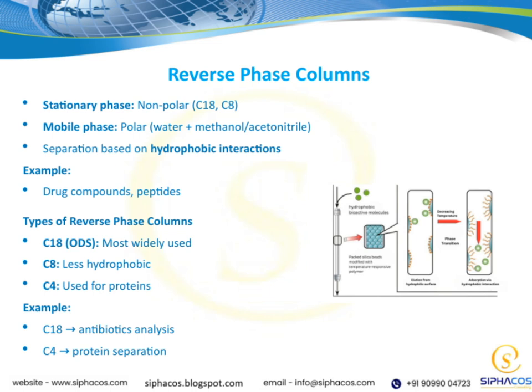They're less hydrophobic still, which helps in separating larger molecules like proteins without causing them to stick too tightly. For instance, C18 columns are excellent for antibiotics analysis, while C4 columns are better suited for protein separation. Recognizing these differences helps us choose the right column to optimize our separation process based on what we're analyzing.